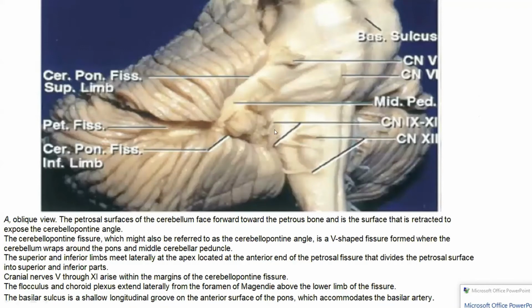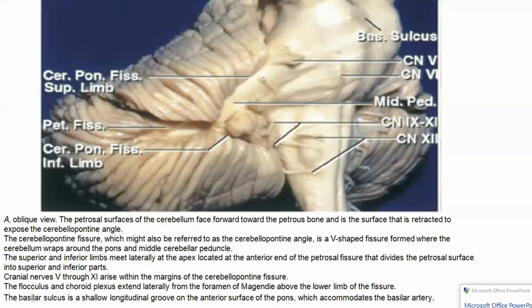Okay, sir. These are the diagrammatic representations of the petrosal surface. We are seeing the petrosal surface of the cerebellum, which faces towards the brainstem, particularly the pontine portion. This is the horizontal fissure, also called the petrosal fissure. Then you have the superior and inferior limbs as an extension of this fissure, which are the superior and inferior limbs of the cerebello-pontine fissure.